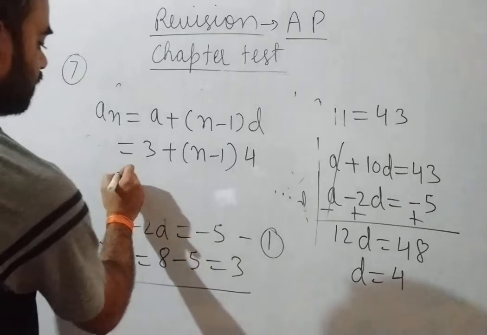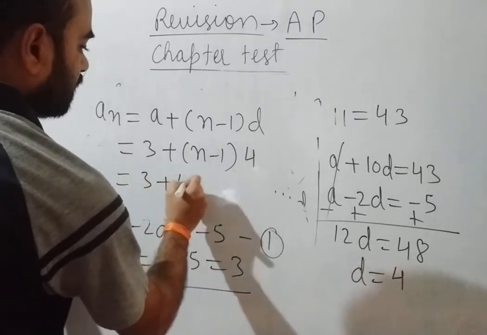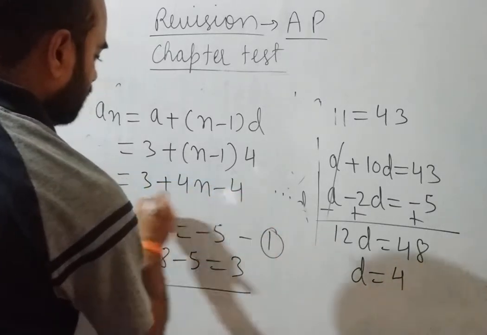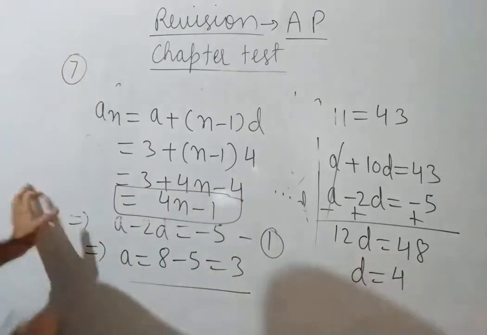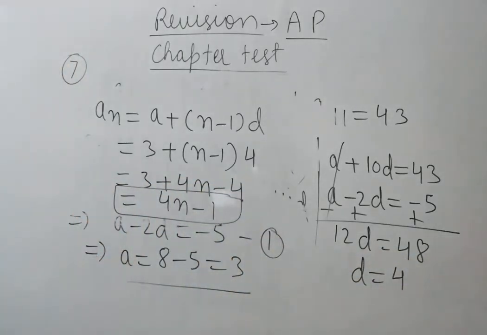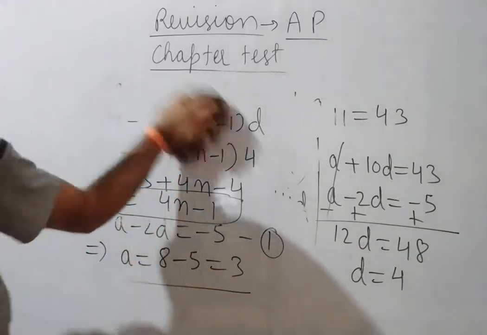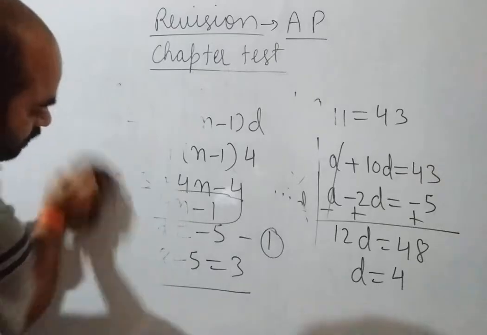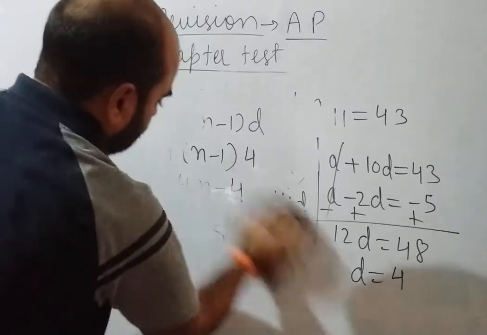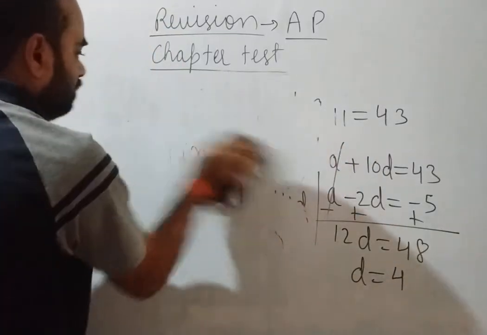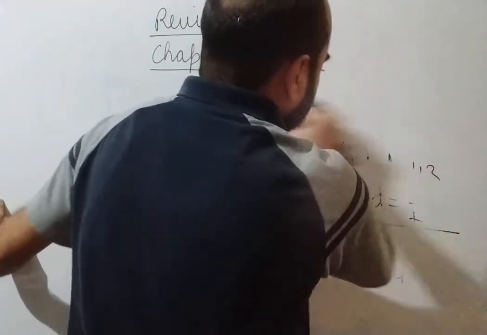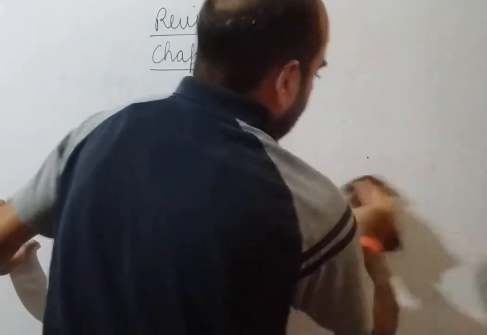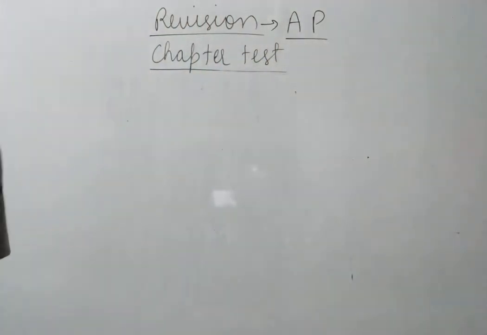So finally this will be 3 plus 4n minus 4. It means 4n minus 1. Clear? This is the question. Now next.